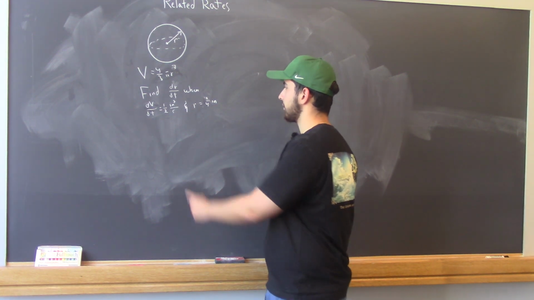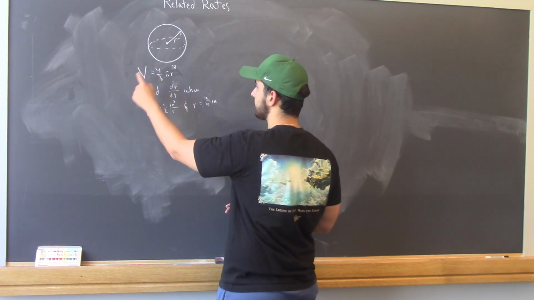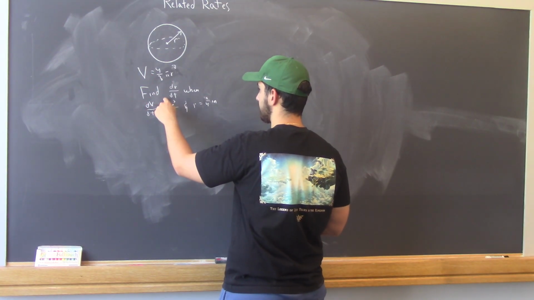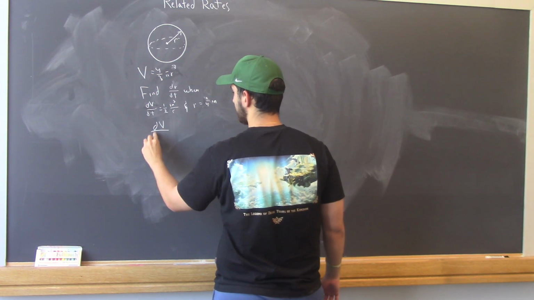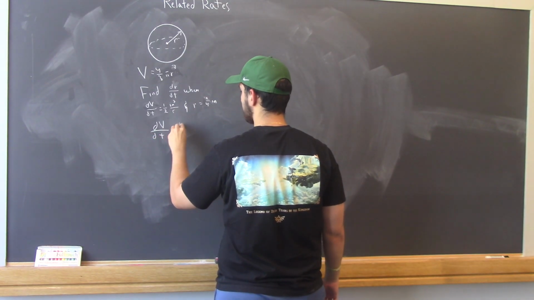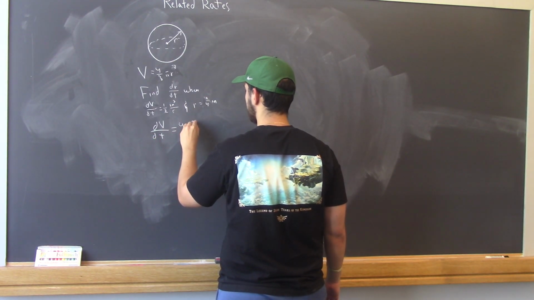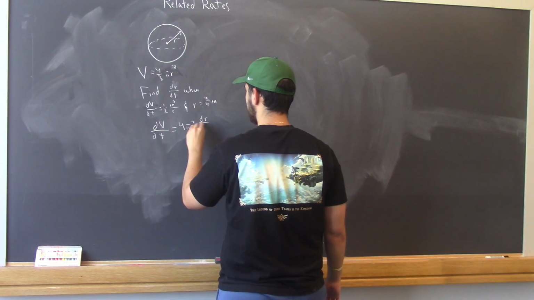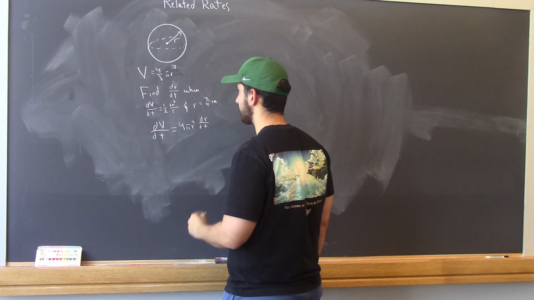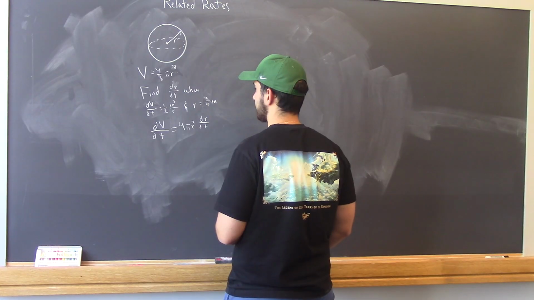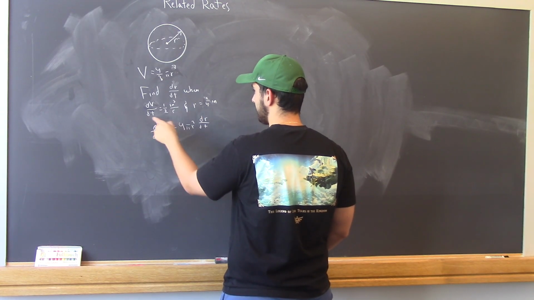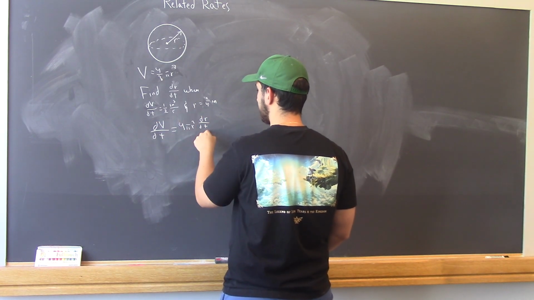So, okay, we have dV/dt and we want dr/dt, so we're going to have to differentiate this with respect to time to get dV/dt equals 4 pi r squared dr/dt, right? Good old chain rule. And let's see, we have that, we have that, we want that.